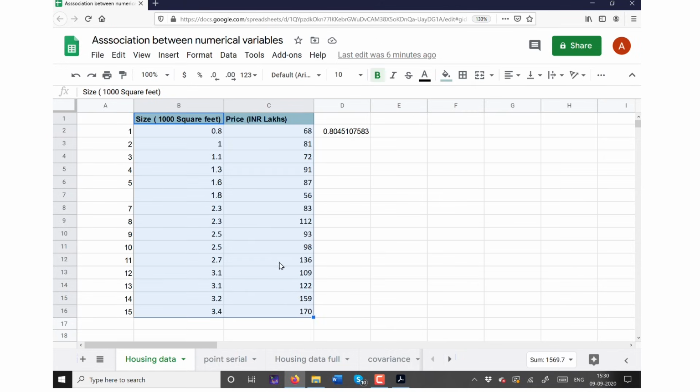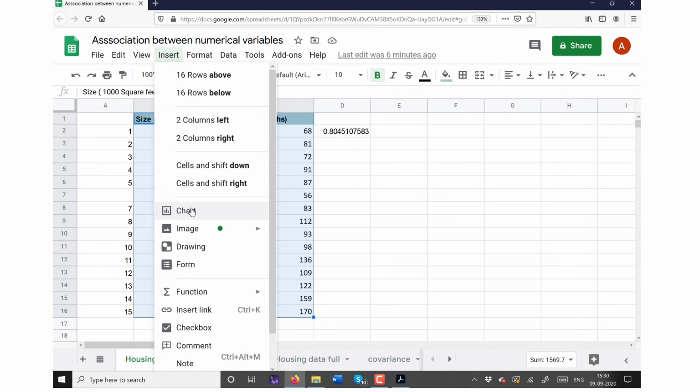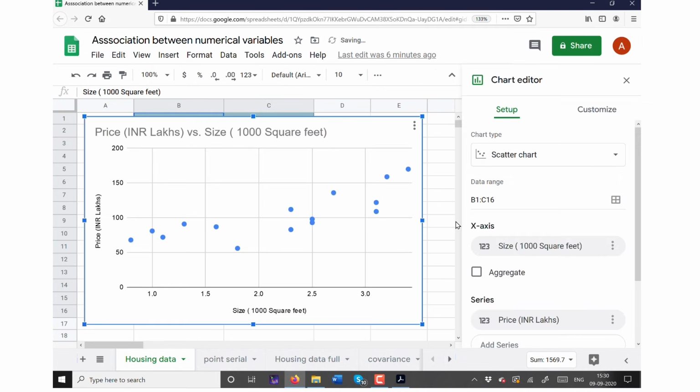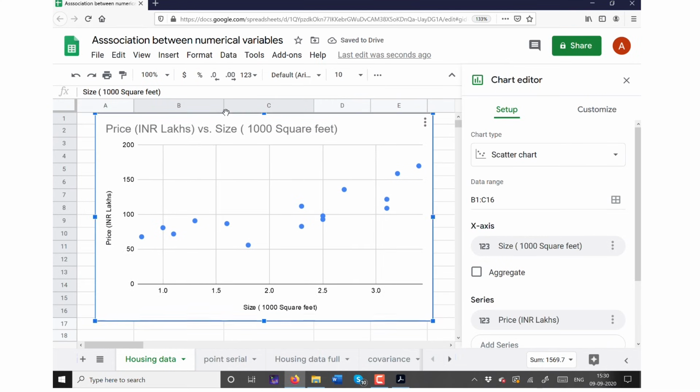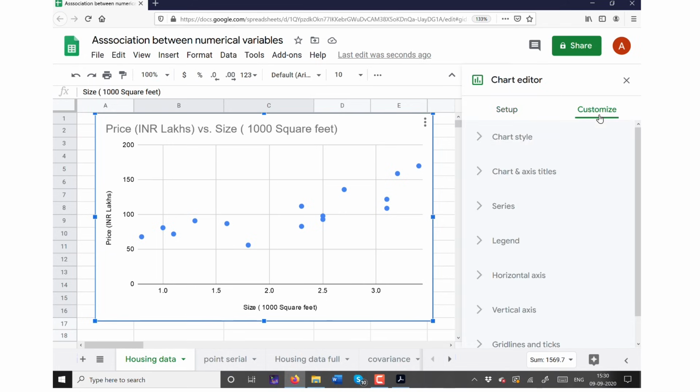The first step is to insert a scatter plot, and this scatter plot is what I have here. This is the scatter plot of size versus price. Size is my explanatory variable, price is my response variable.